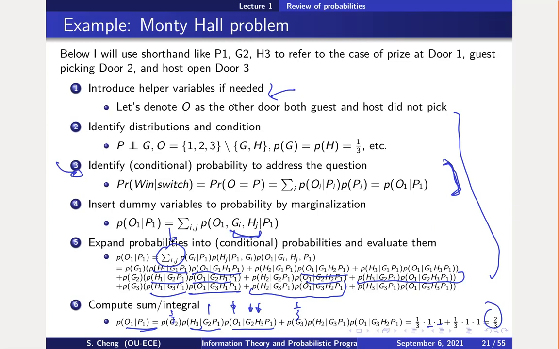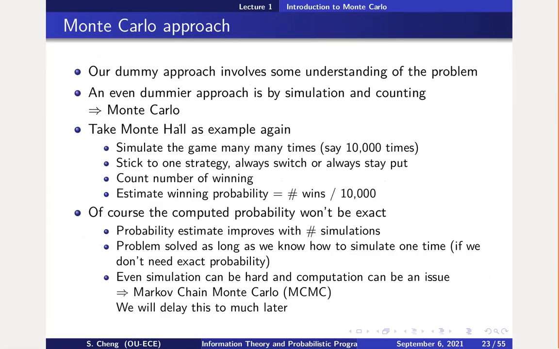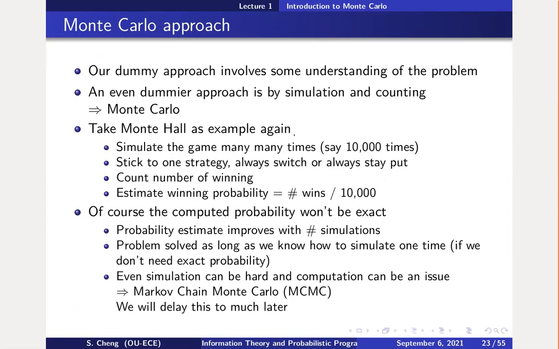But introducing helper variables depends on what kind of program you're using. With some probabilistic programming languages, you probably don't even need to know that. But if I'm going to show you how to do that later, doing it from scratch, then I need to have some understanding as well. But in some cases, if you use packages, you may not even need that. So it simplifies even further.